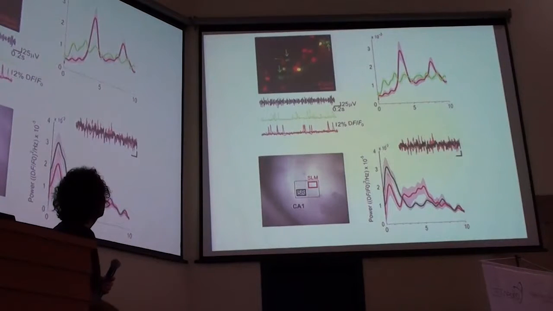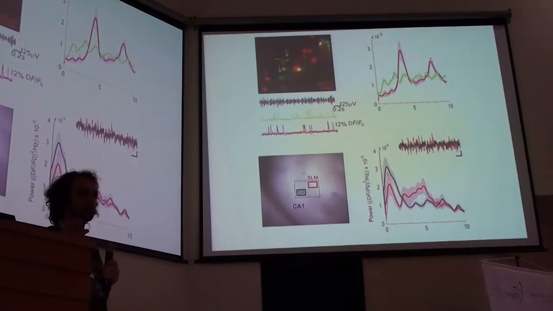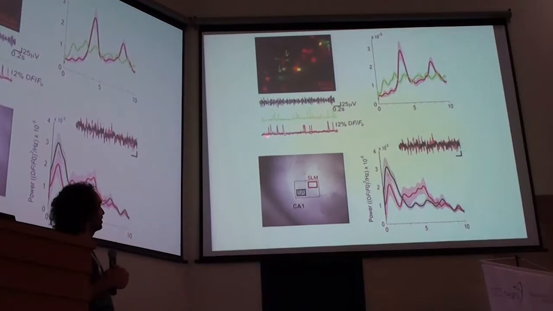So we also did some calcium imaging. I generate gamma in a slice, and I want to see if the population of OLM cells are synchronized or in some rhythm. And so what you find is that they like to fire in the theta range, so that's 4 hertz, and this is several cells in a slice.